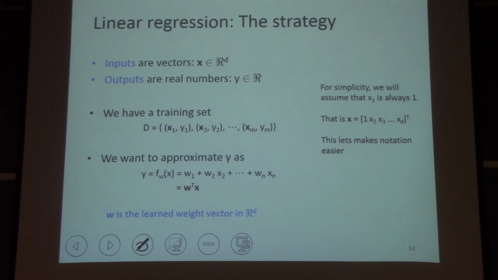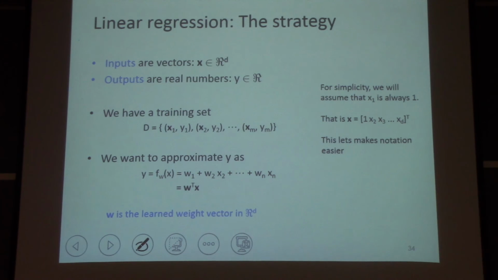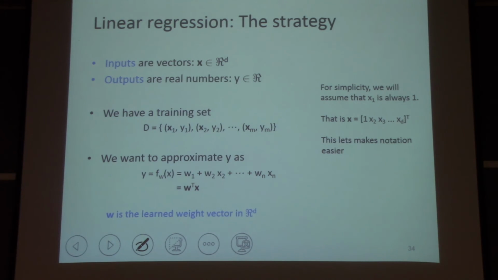And the strategy goes like this. Let me formalize this before talking about the learning algorithm. Inputs are in general some d-dimensional vectors, and the output is a real number. And our goal is to use a training set. Someone has gone out there and collected labeled data points. So we have a finite set of examples. We have m examples which are simply pairs of x, y.